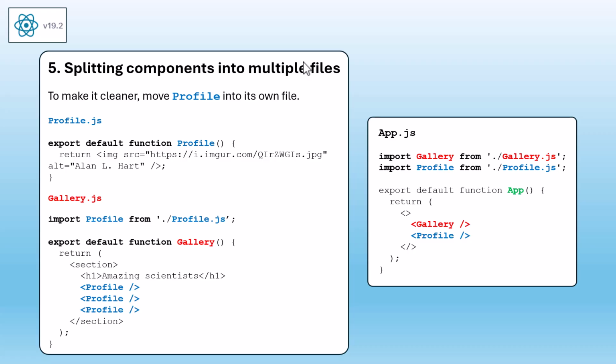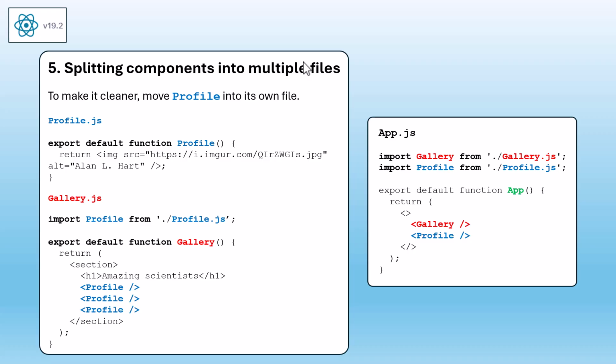Inside the gallery component, we can use the profile component as many times as we need, for example, to display 3 different profiles. Finally, we export gallery as the default export of that file. Now, in app.js, which acts as the root component, we import both gallery and profile. Then, in the render function, we display them one after another, first the gallery with multiple profiles, and then a single standalone profile. Notice how clear the structure becomes.